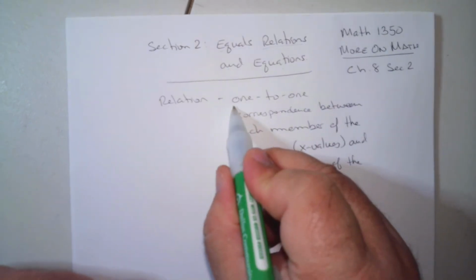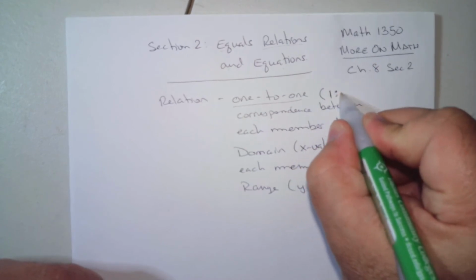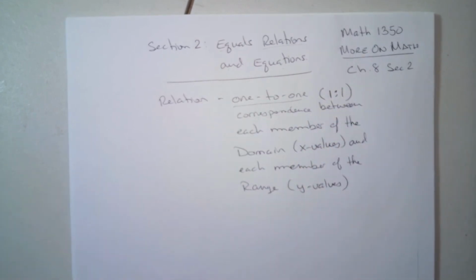Another way of writing one-to-one is 1-to-1. I'm going to write it that way, it's easier. 1:1.